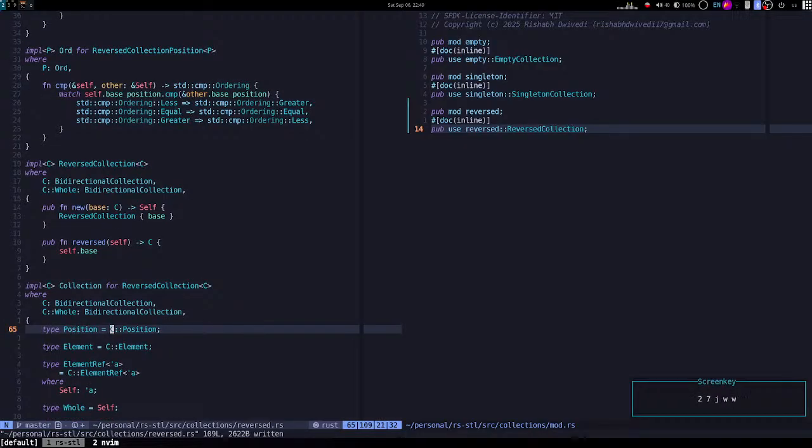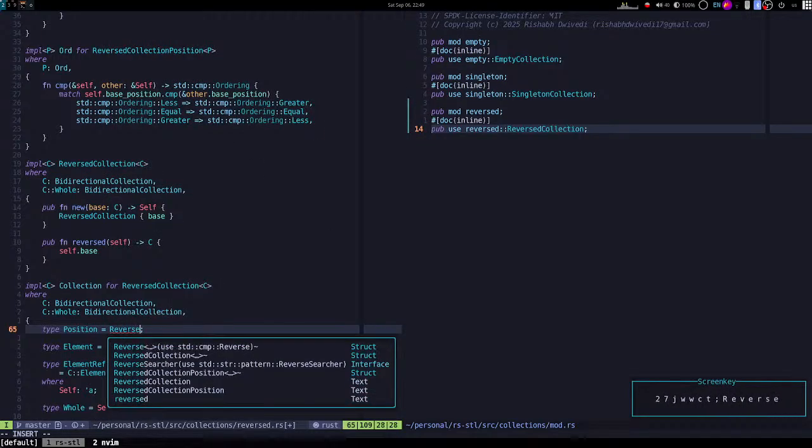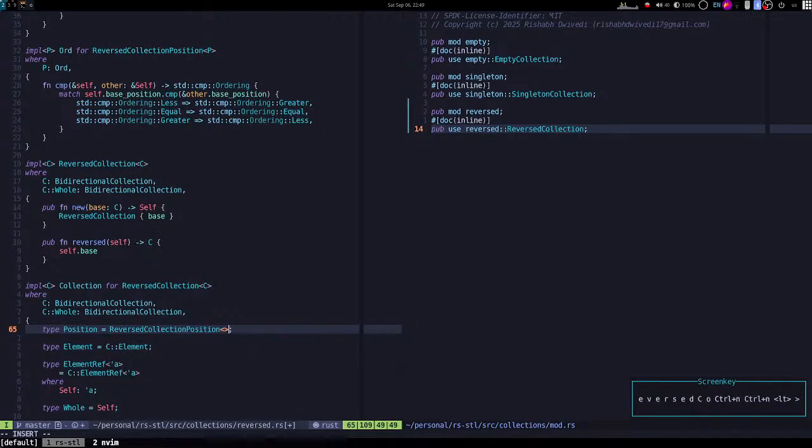I think what I can do is the position is basically reversed collection position of C position, right?